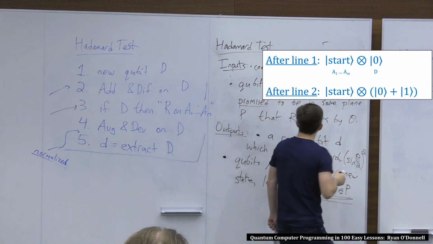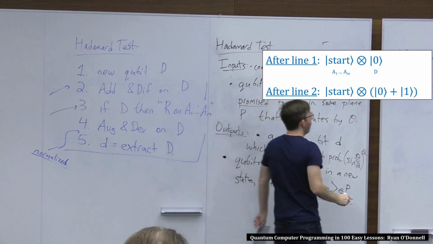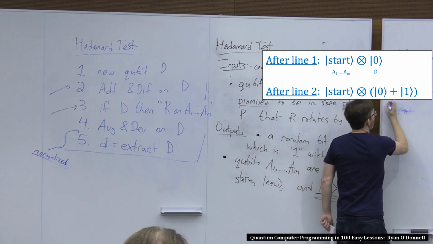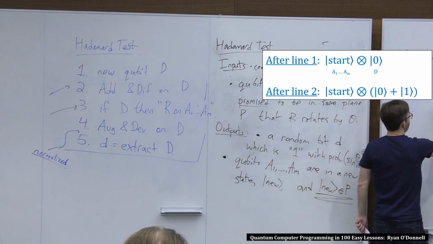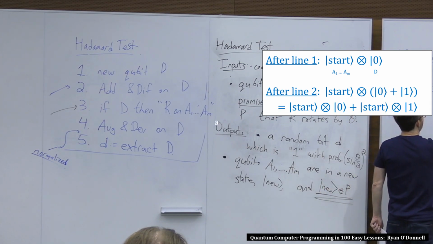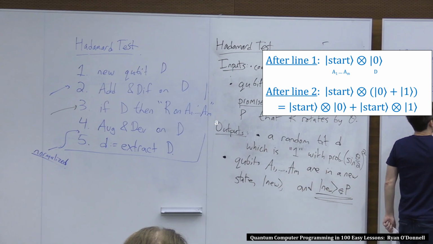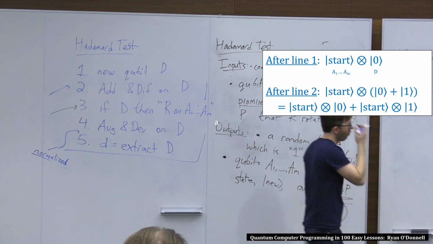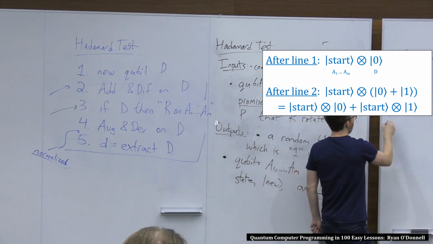Okay, so now finally we do this big line 3. Actually, let me multiply this out. This is the same as start tensor 0 plus start tensor 1. Okay, and now after line 3.